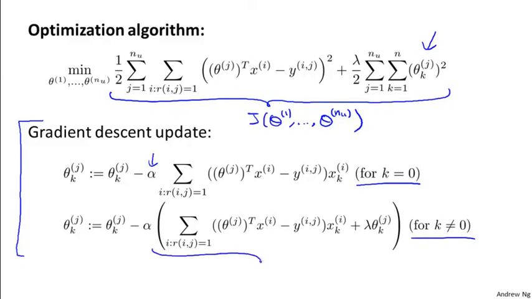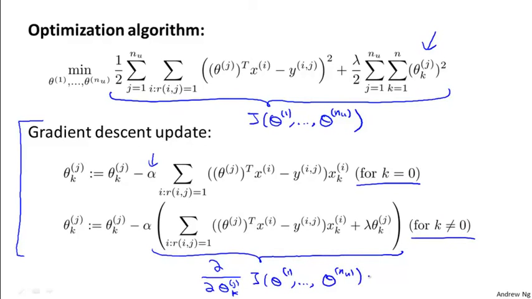So we have slightly different updates for k equals 0 and k not equal to 0. This term over here, for example, is just the partial derivative of your optimization objective with respect to your parameter. This is just gradient descent, and I've already computed the derivatives and plugged them in here. If these gradient descent updates look a lot like what we had for linear regression, it's because these are essentially the same as linear regression.